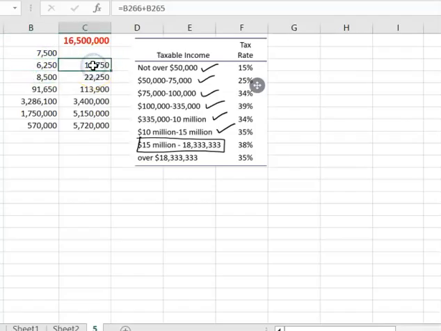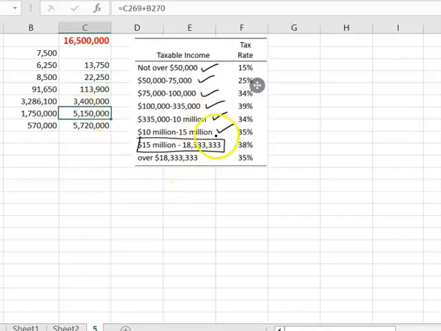So we need to add all of them. 7,500 for the first one, 6,250 for the second one, and the summation would be this. Here is the summation of this 30,000 and 8,500, and like that we do everything until we get here.